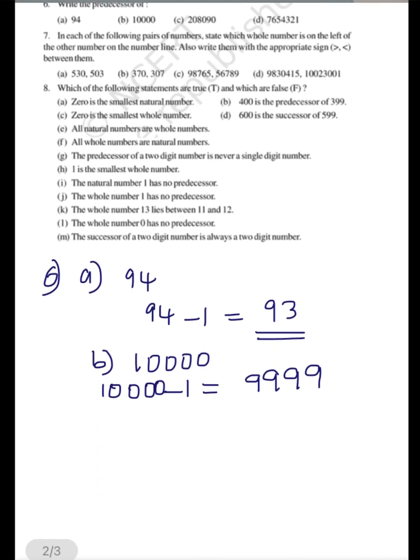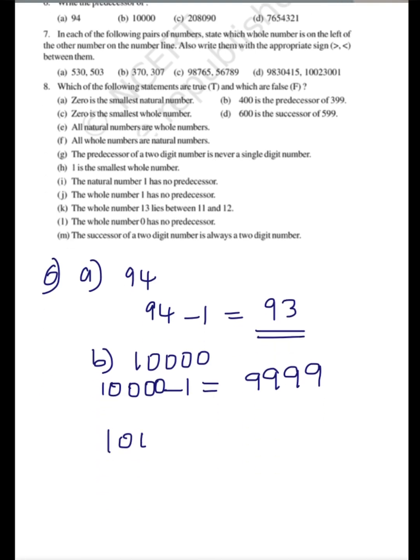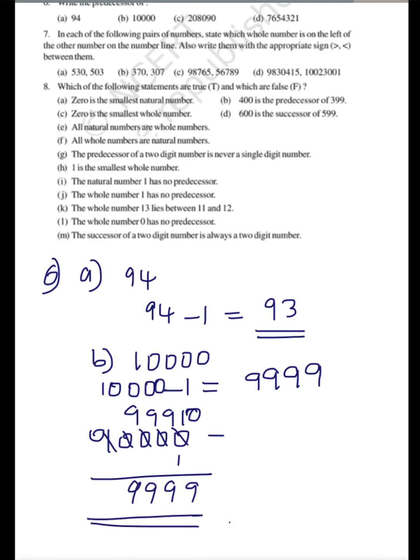9,999. If you do the subtraction, you will see it. Minus 1 gives 9,999. Even without doing this, you will get the predecessor as 9999.